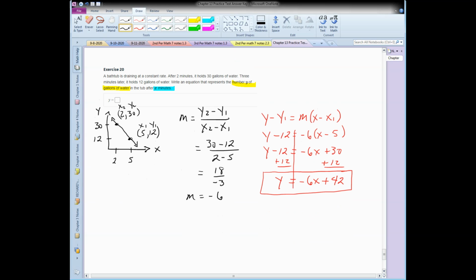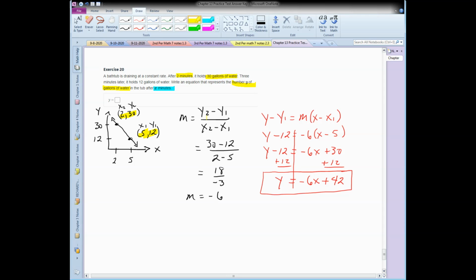A bathtub is draining at a constant rate. That's key, okay? Because then we can calculate the slope. After 2 minutes, it holds 30 gallons of water, okay? 3 minutes later, so I'm at 2 minutes, I got 30 gallons. So 3 minutes later must mean I'm at 5 minutes. It holds 12 gallons of water. So I was able to find 2 coordinates.